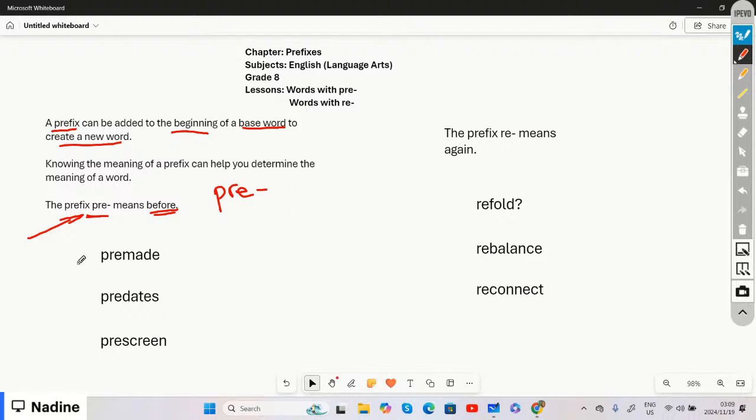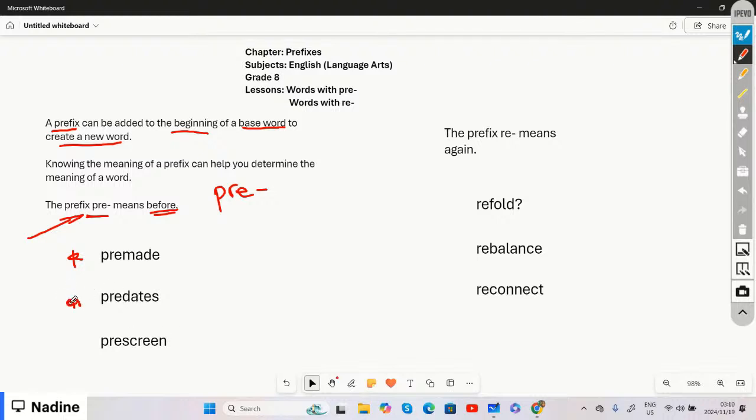So if we have the first word, pre-made, it means that we made something before. It's something that I did before I made anything else.